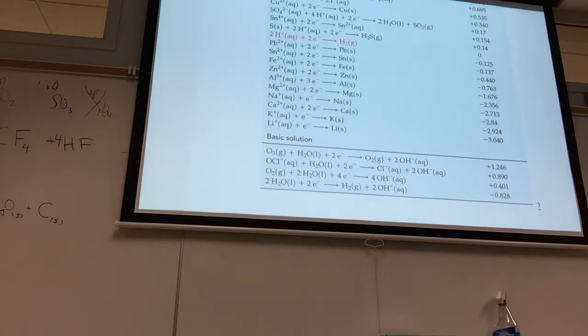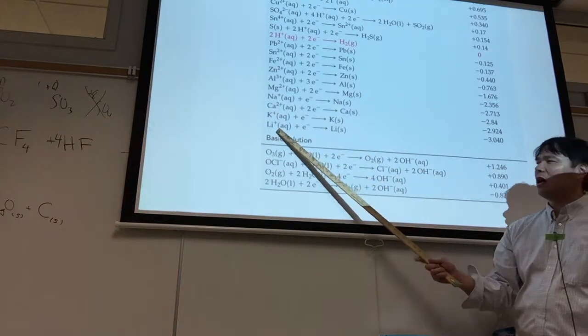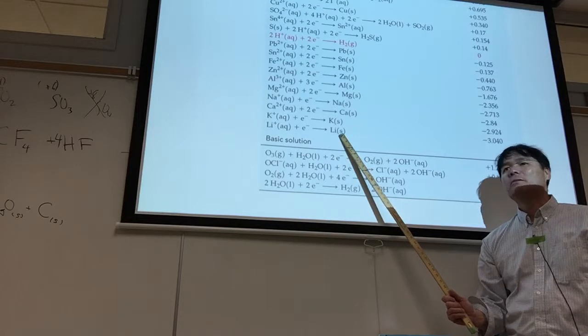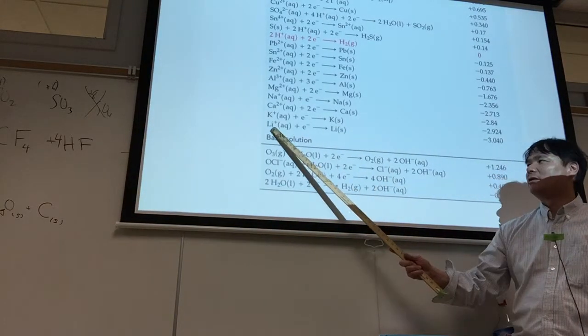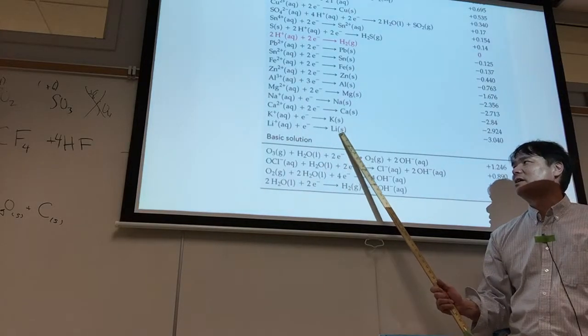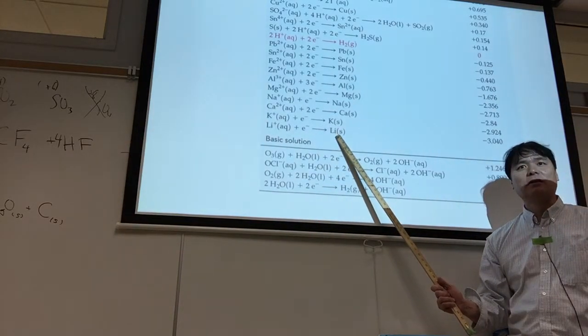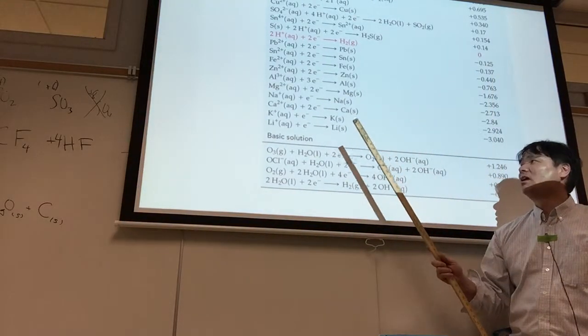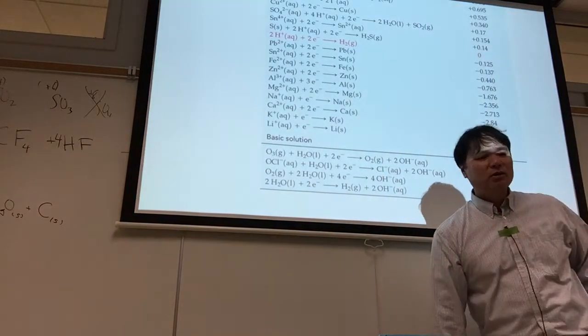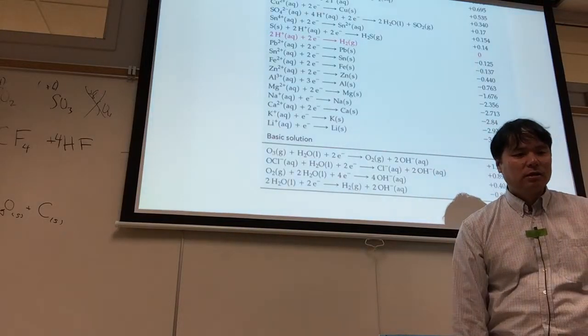All right, if the lithium ion is the weakest oxidizer, then its conjugate must be the strongest reducer. Lithium ion really doesn't want electrons, so that once it gets an electron to form lithium metal, it wants to get rid of that electron. That's one way of thinking about it. Or, in other words, lithium has the lowest ionization energy.